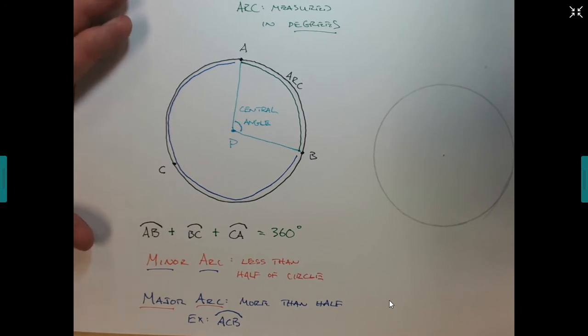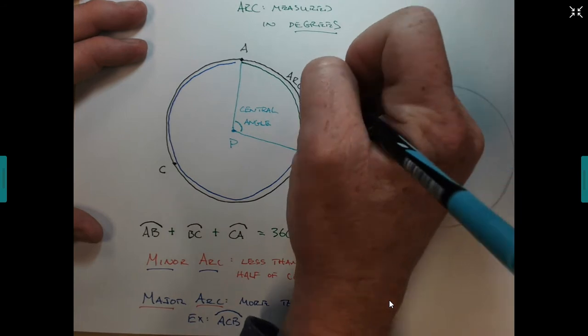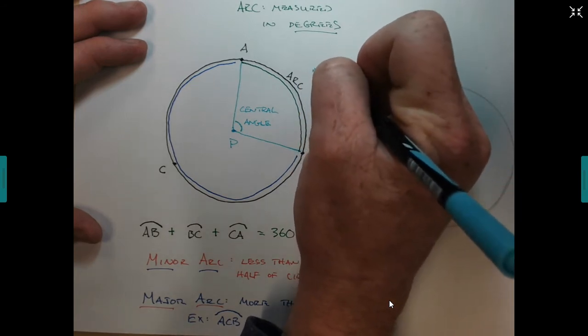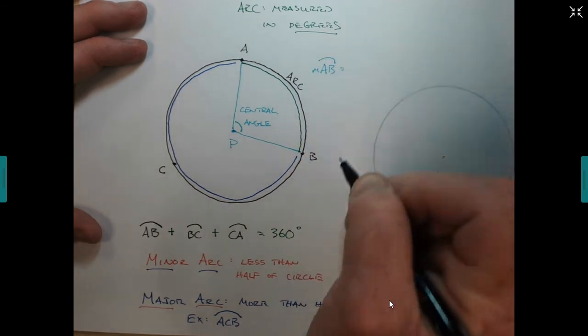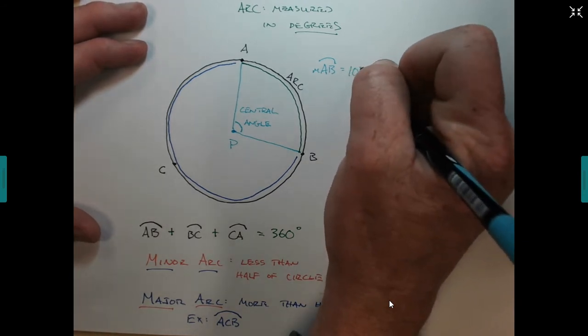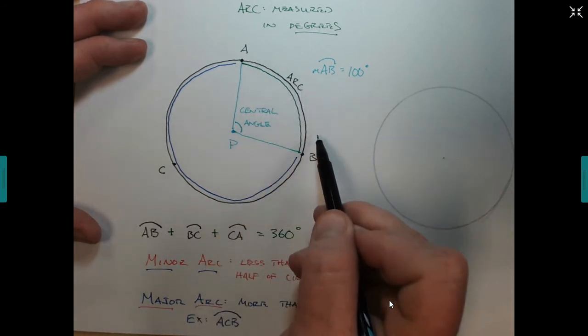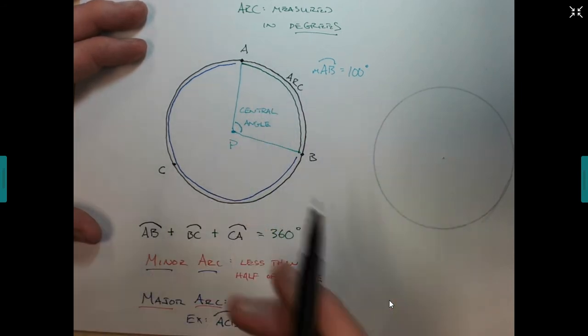Okay? And so if I knew the measure of this arc, let's say that the measure of arc AB, I don't know, that looks like about 100 degrees. Well, the measure of this arc will always equal the measure of the central angle.